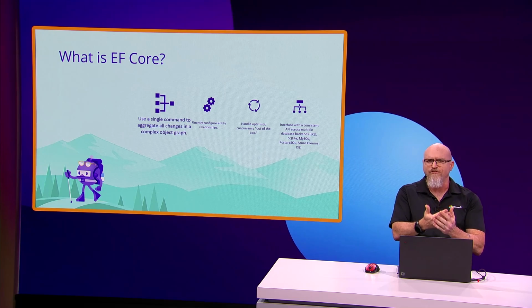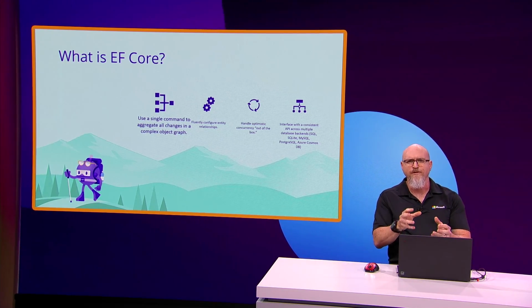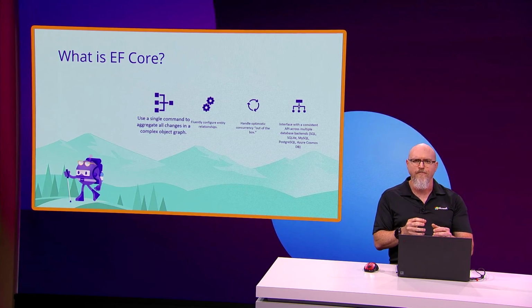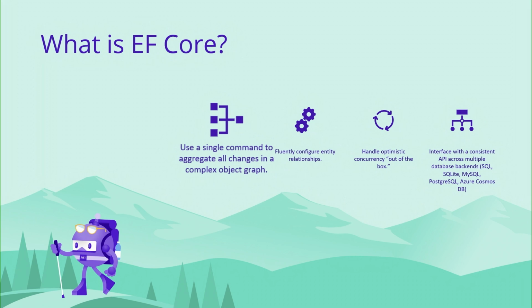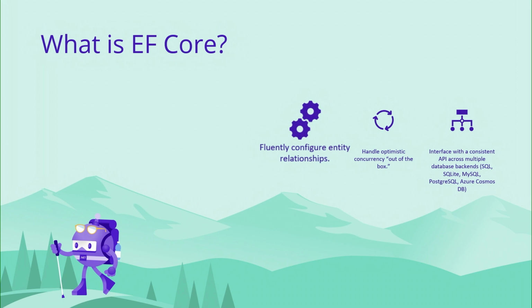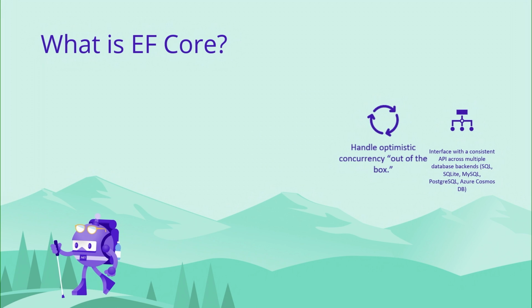It allows you to work with your natural domain objects instead of weird property bags or tables or things like that. It allows you to use a single command. So what you can do is load a bunch of different related objects, manipulate them, delete them, modify them, and with one command, save them to the database. It'll translate that for you. We can fluently configure those relationships. We can handle optimistic concurrency out of the box, so multiple concurrent users is taken care of.